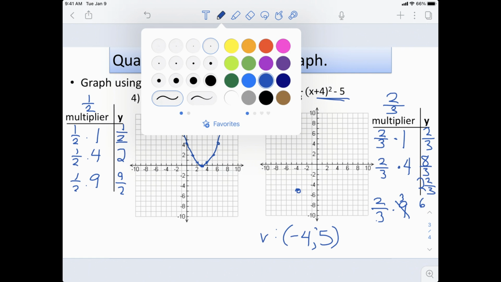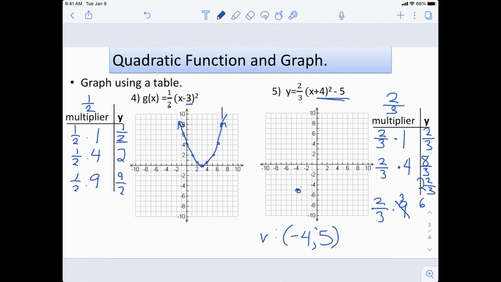See if I can make my pen a little smaller. Okay, so 2/3 for this would be right underneath the 1. Let's see if I can get that right there. And then for the next one, it's going to be 2 and then 2/3. So it's about here.